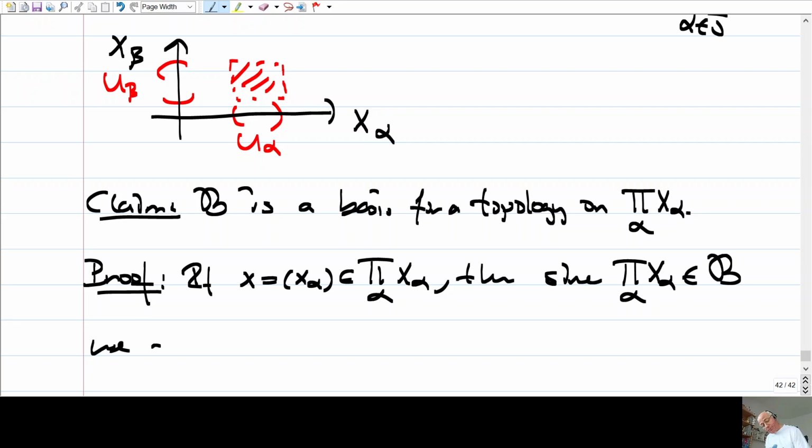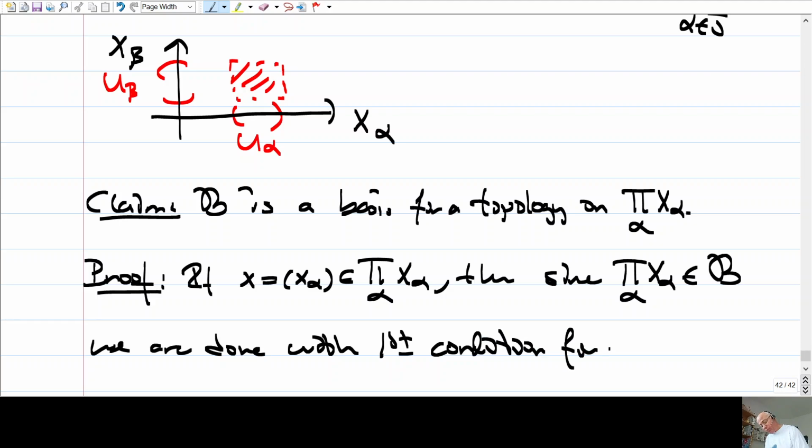We are done with the first condition for B to be a base for a topology.